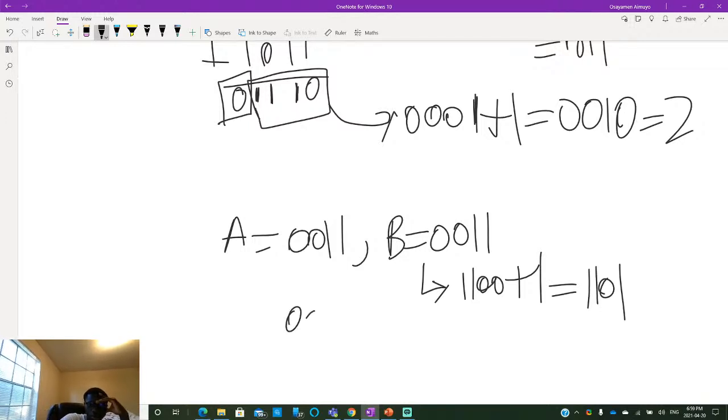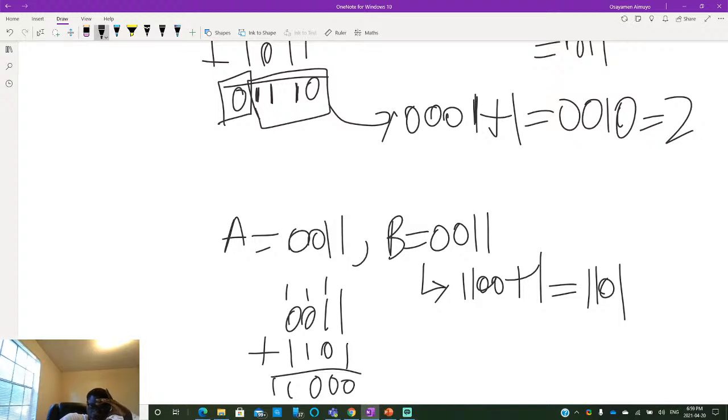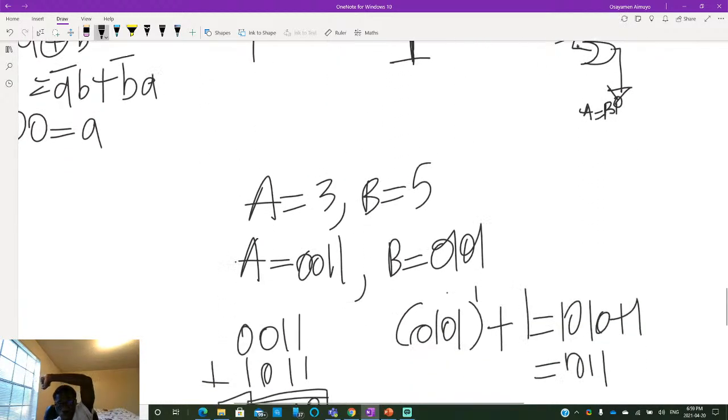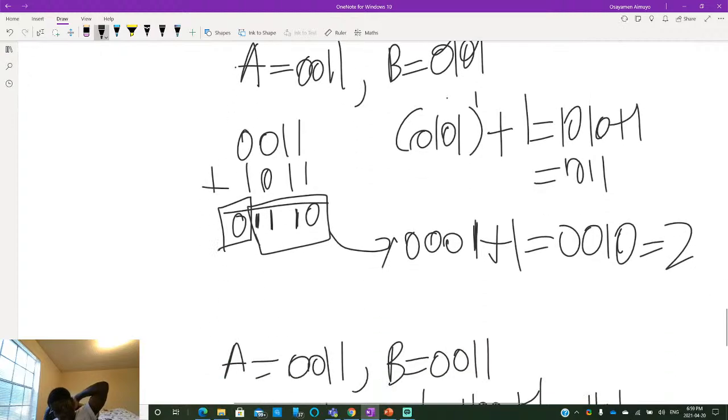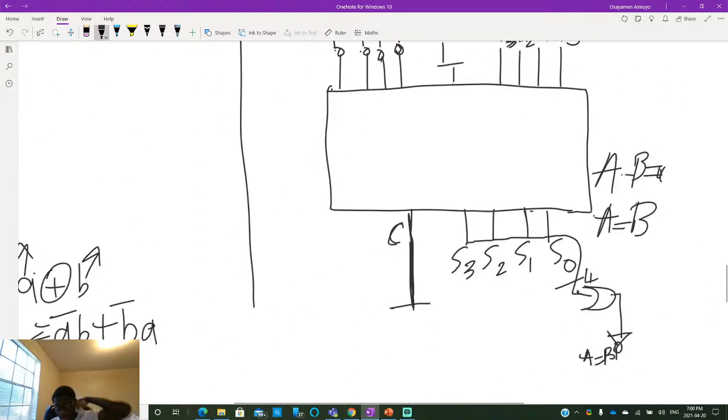So 0, 0, 1, 1 plus 1, 0, 1. So we have 1, so that's 0, 1. Okay, so now notice that we get 1 when A is greater than B and when A is equal to B.